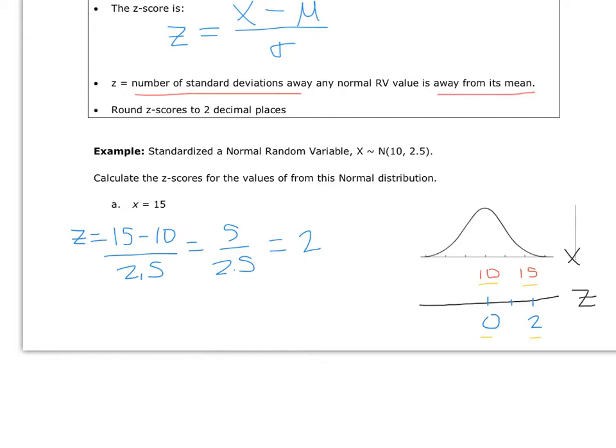And in this case, we know that 15 is 2 standard deviations away, or we can even be more specific by saying above the mean. It's in the positive direction.